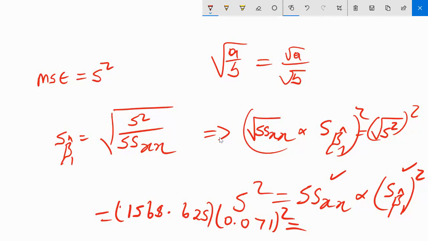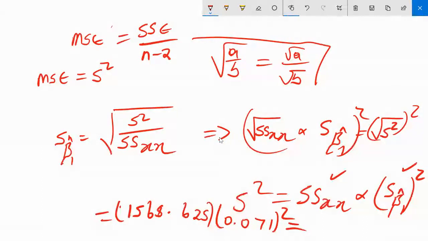And we know that MSE is nothing but SSE divided by the degrees of freedom, which is n minus 2. So when we multiply MSE by n minus 2, we get SSE. So if your MSE is correct, then you have 2 now. You have SSE and MSE.